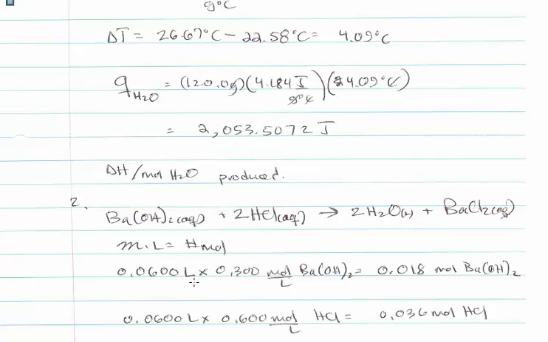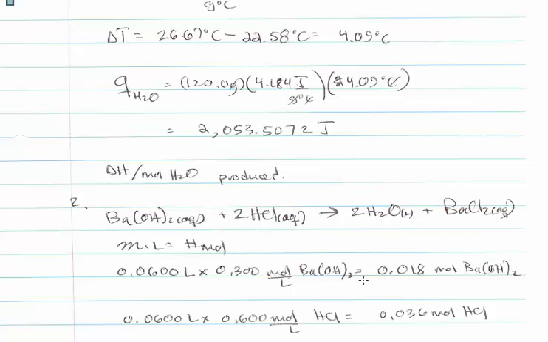So I change my volume of 60 milliliters to liters, and 0.0600 liters times 0.300 mole per liter, and my liters cancel out, giving me 0.018 moles of barium hydroxide. I do the same for my hydrochloric acid, and I get 0.036 moles of hydrochloric acid.